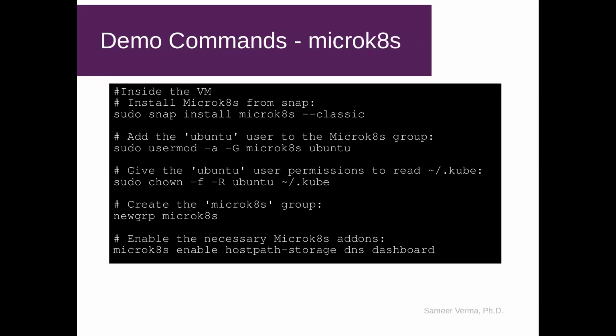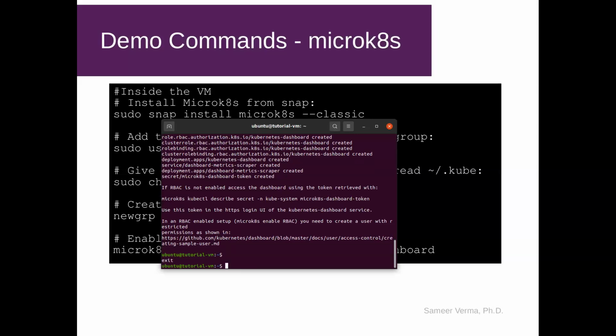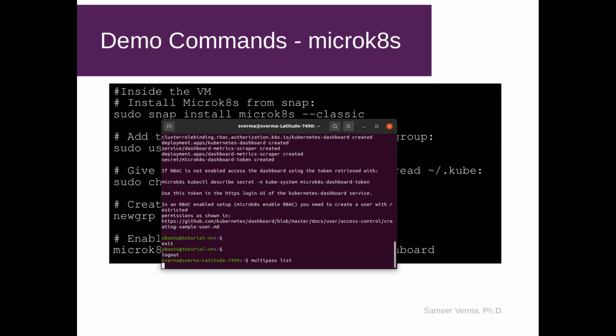So instead, I'll go back to the beginning here. And rather than running Multipass, let me turn off Multipass. So we'll say Control D to exit, and multipass list. So we have the VM.